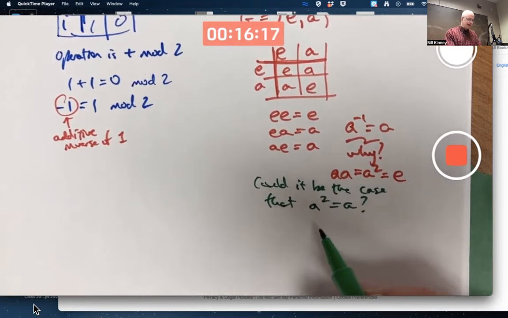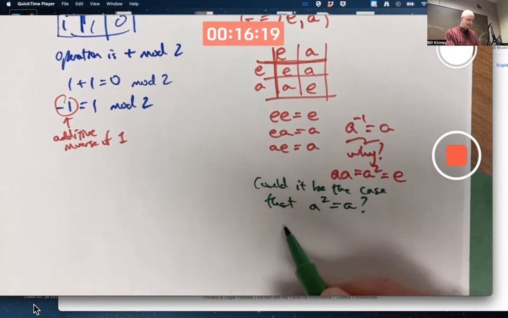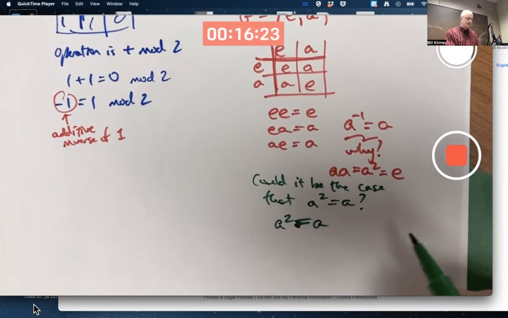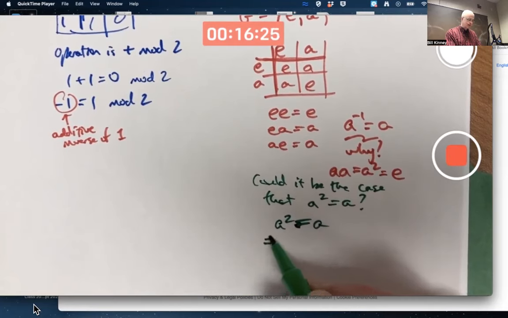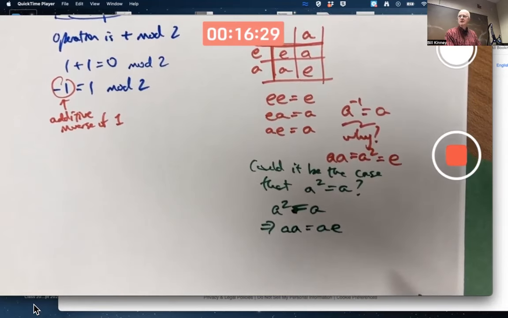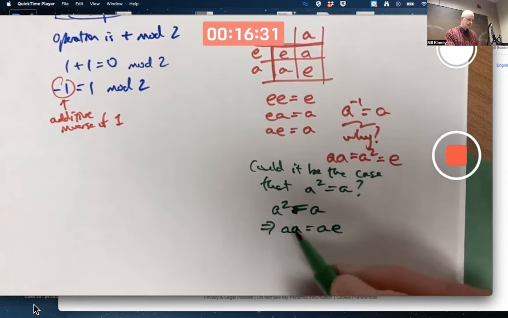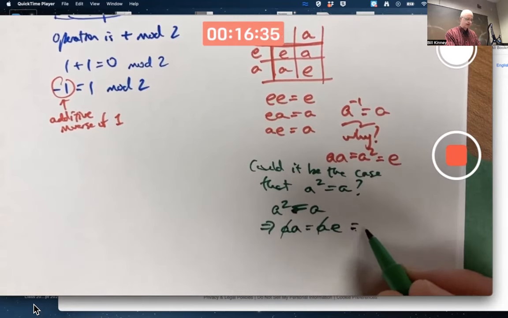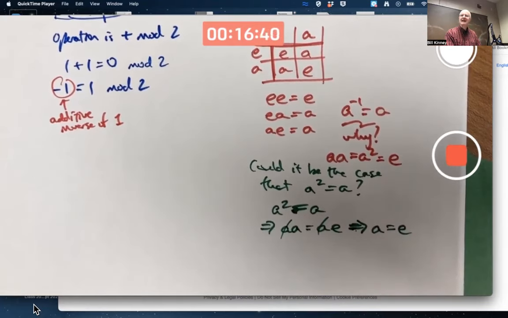But in group theory, this can't happen, because what if it did happen? There's a cancellation law. Essentially, the A's on the left here, if I write it like this, would cancel, and this would imply A equals E. But if I'm assuming A is not equal to E, that can't happen.